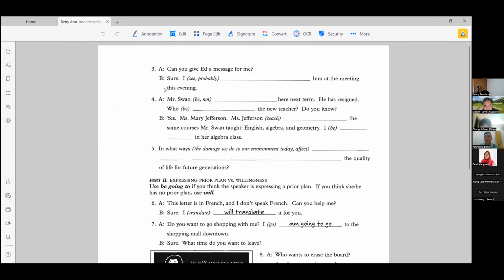One consideration, because I think in number 3 he is not really sure because he is using probably. I think it's like, I am probably going to, but you are not really sure that you will see him. Okay, that's a good reason.